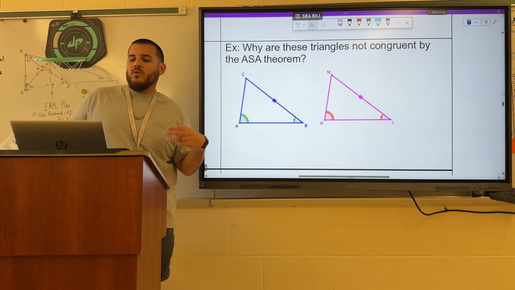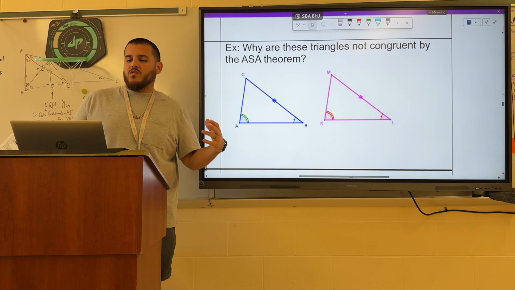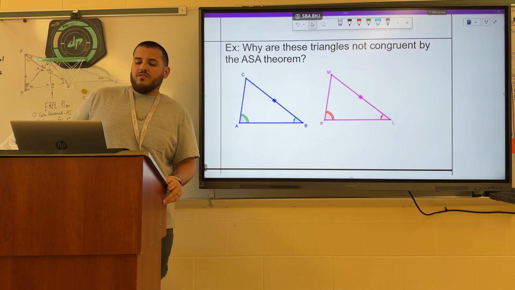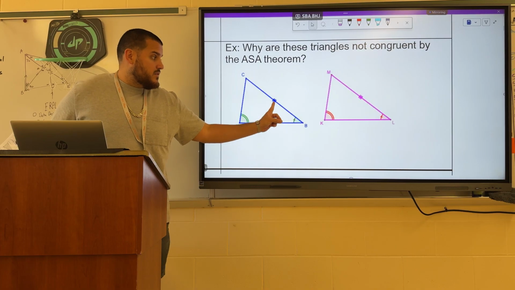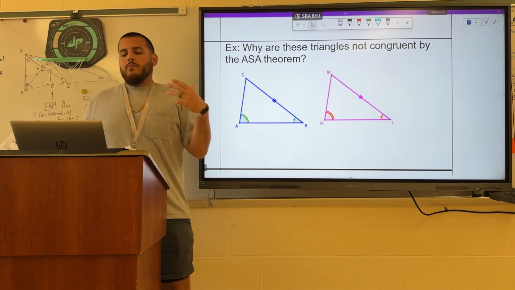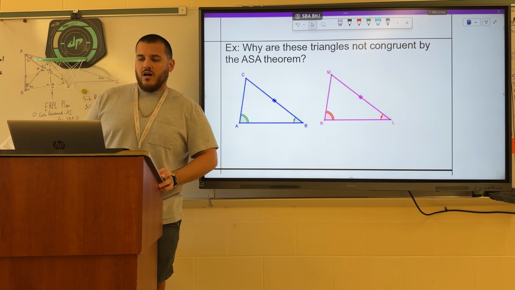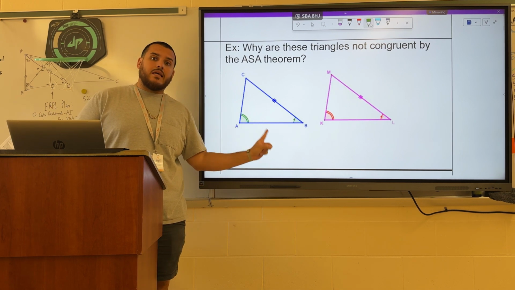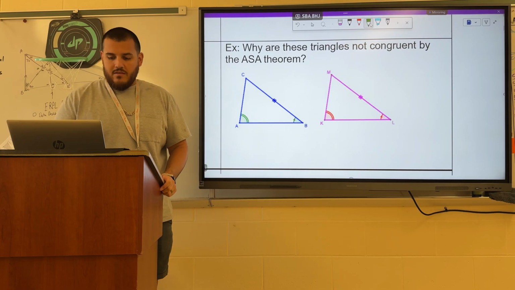In our next example, we have another one of these why not questions. Why are these not congruent by the angle side angle theorem? Because we do have two angles and a side, two angles and a side, but again here the positioning is off. The included side of angles A and B is side AB. That would be this side.